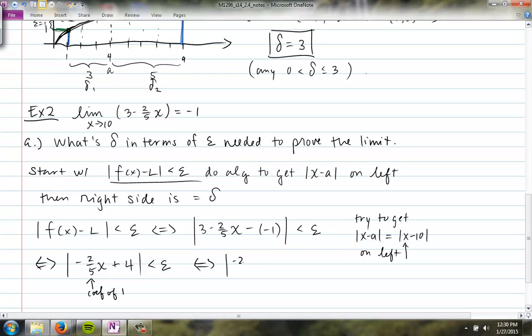Taking out the negative 2/5 from the negative 2/5 x is a piece of cake. But for the 4, how can you write that with a negative 2/5 as a factor? Well, I could write this as minus the negative first of all. And then the 2 is easily obtained by writing 4 as 2 times 2. Putting this over 5 gets me the 5, but to do that in a legitimate way, I have to also multiply the top by 5.